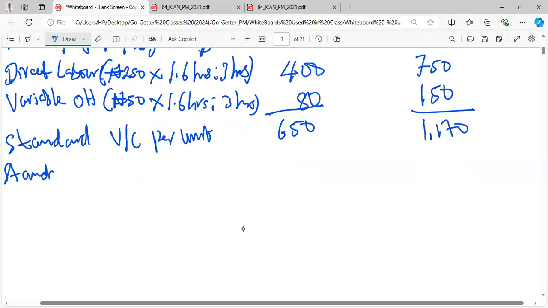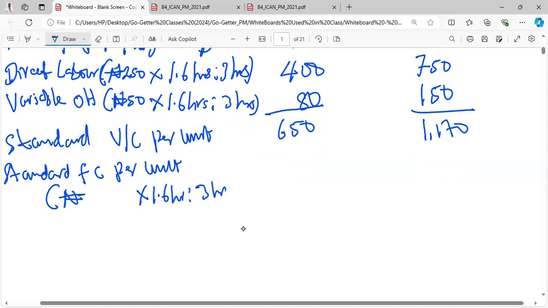Standard fixed cost per unit, and open a bracket. We don't know the overhead absorption rate yet, so we are multiplying it by 1.6 hours to 3 hours. We don't know it, so we go down and do our workings. Meanwhile, when you get that, put it down here.